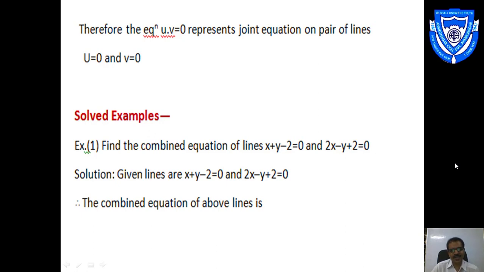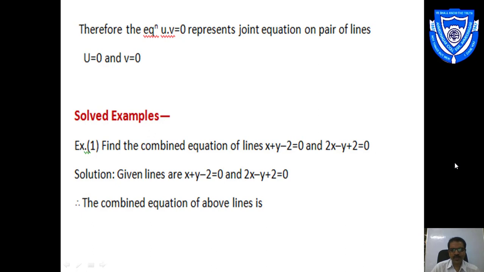So the simple technique is that if you want to obtain the joint equation of the pair of lines, take the separate equations of the lines and take their product. Ultimately you get the joint equation of the pair of lines according to the above theorem. So let us use that theorem in the solution of this example. The given lines are x plus y minus 2 is equal to 0 and 2x minus y plus 2 is equal to 0.